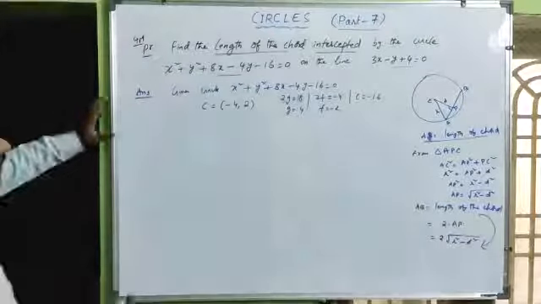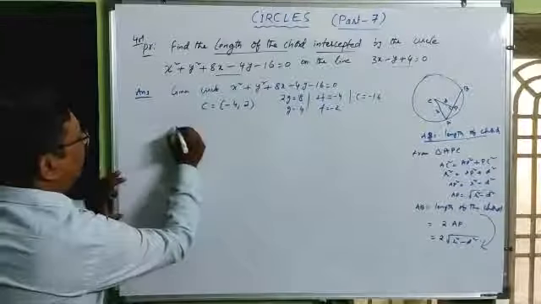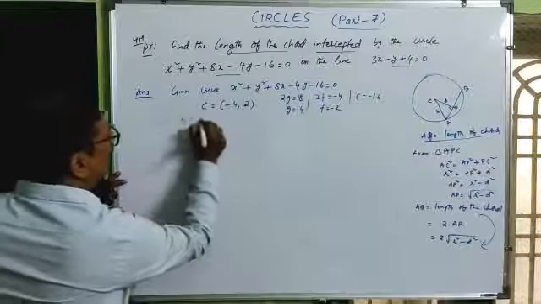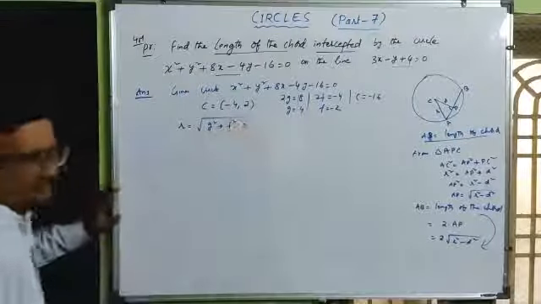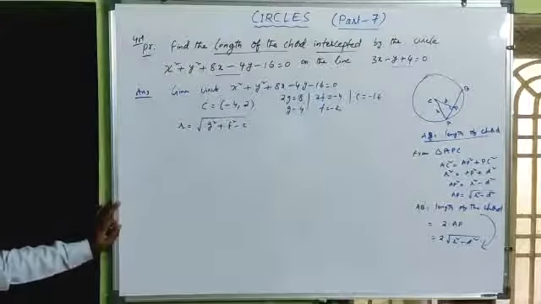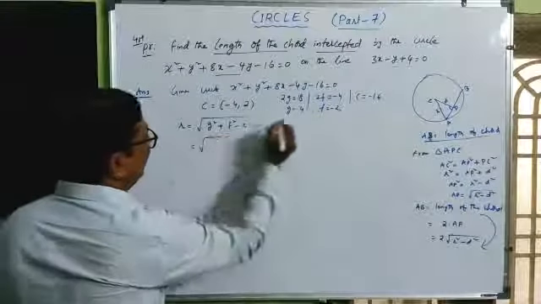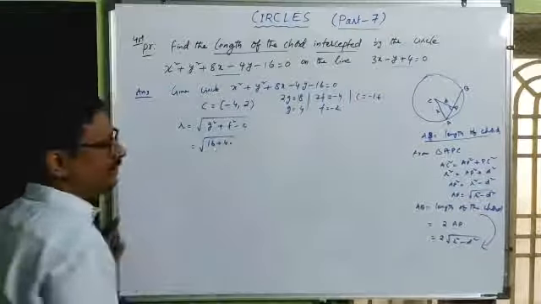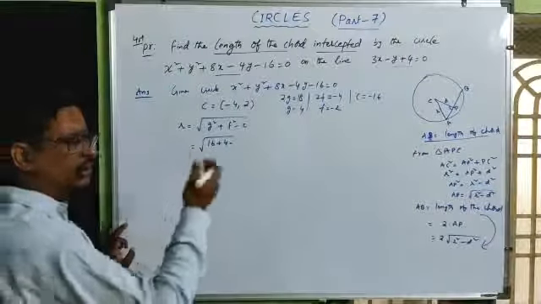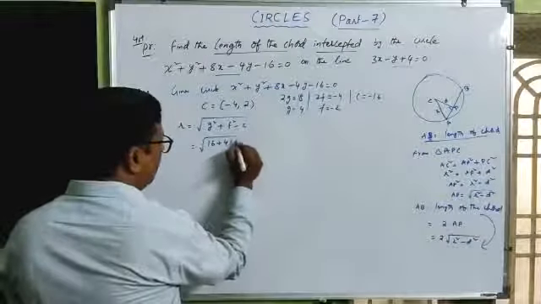Okay. Now we know the center of the circle. We have to find the radius. So the radius is under root g square plus f square minus c. What is g square? 4 square, 16, plus f square, minus 2 whole square, is 4, plus 4 minus of c, minus of minus is plus 16.